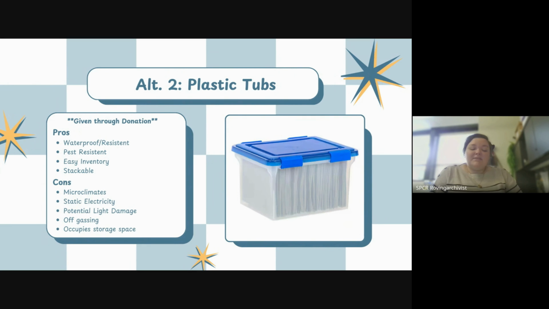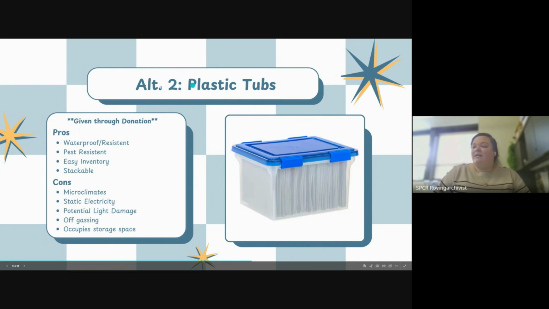So while these can be used, I highly recommend that these are more short-term solutions, used for the storage of materials until you can transition into something else. So number two is plastic tubs.